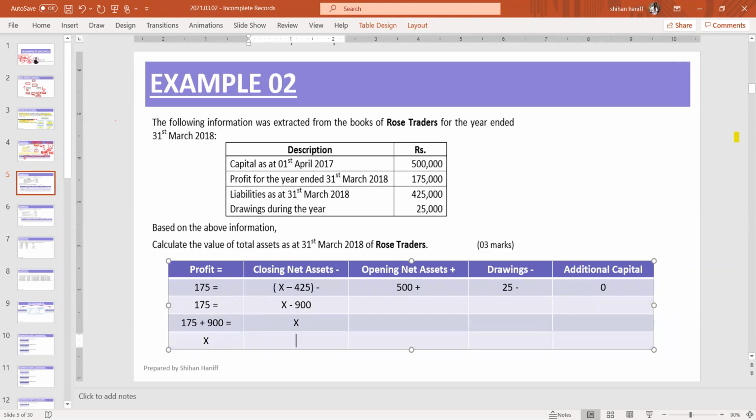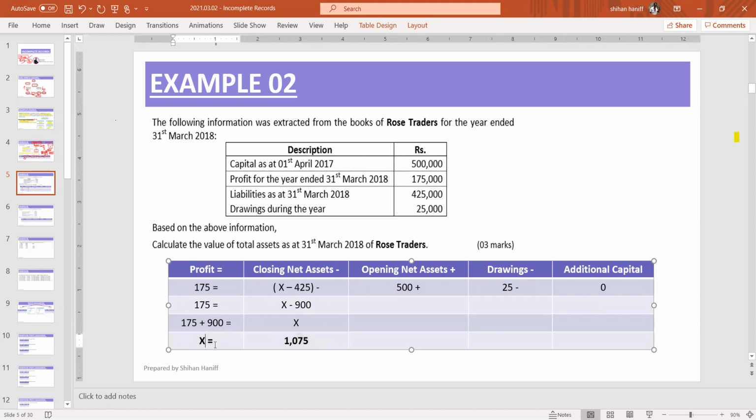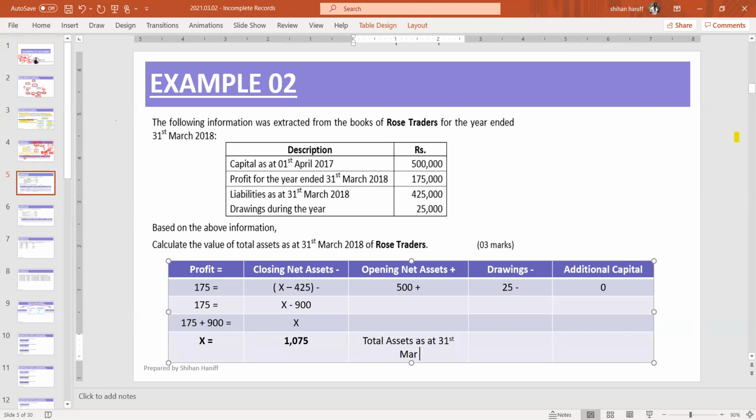Therefore, X equals 1075. X means total assets as at 31st March 2018, total assets.